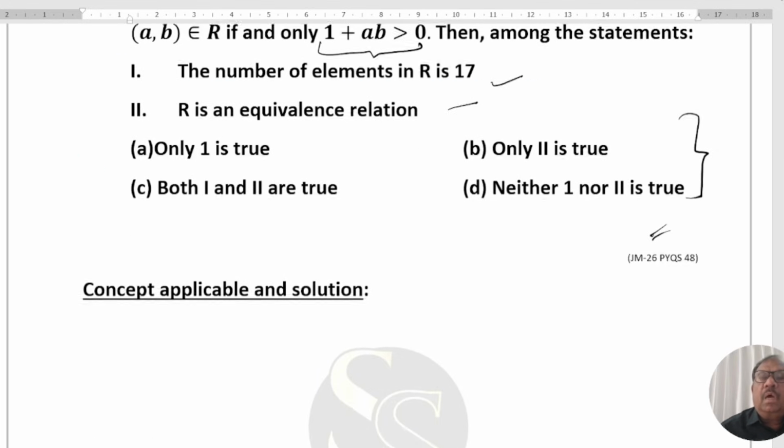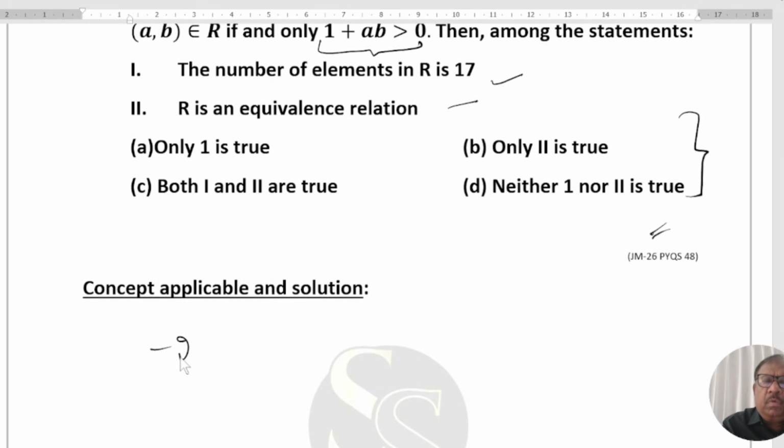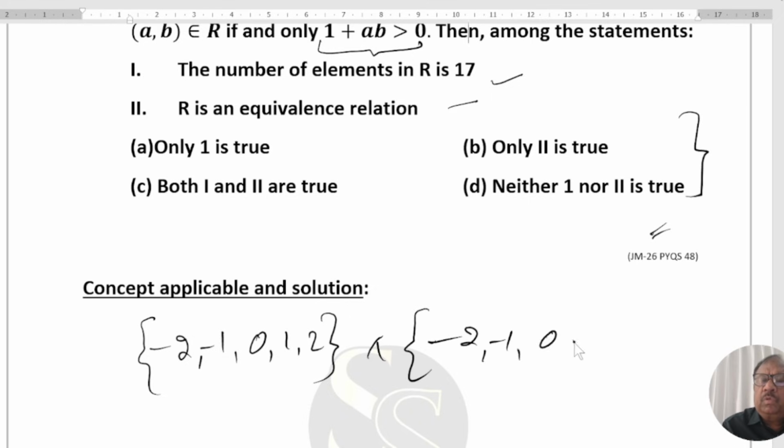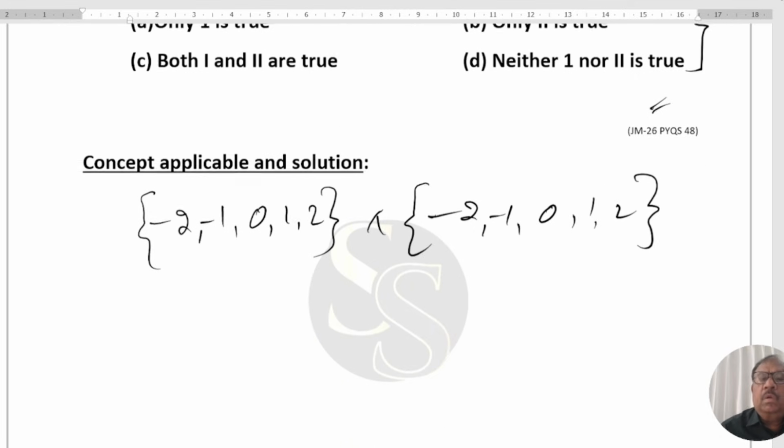A cross A, where A is -2, -1, 0, 1, 2. Cross -2, -1, 0, 1, 2. This is all.